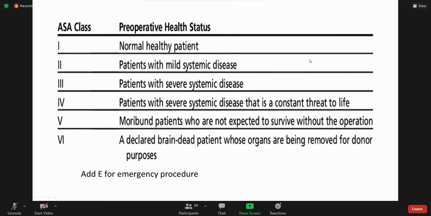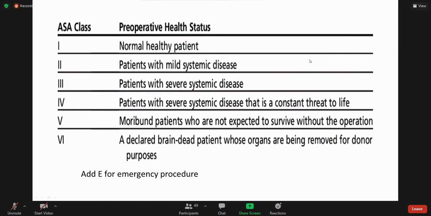Patients with severe systemic disease, that is, systemic disease coming with its complications. For example, a patient comes and says, I have blood pressure, doctor. I will evaluate whether his blood pressure is being controlled by the medications or not. If yes, then he'll fall in ASA2.